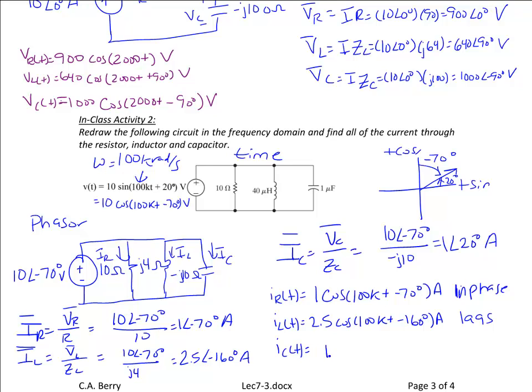And IC of t is equal to 1 cosine(100kt plus 20 degrees), and the units are amps. What you should see here is that the current through the capacitor leads the voltage by 90 degrees, which means if this is positive 20 and that's negative 70, this is in front by 20 degrees.